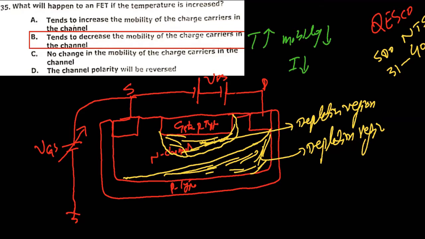But at the same time, if the temperature is increased, it will also narrow the depletion region of the PN junction. So it will get narrow like this, due to which the current ID will get increased. So what will happen if the temperature increases? Tend to increase the mobility of the charge carrier in the channel? No. Tend to decrease the mobility of the charge carrier throughout the channel. So option B will be the correct answer.